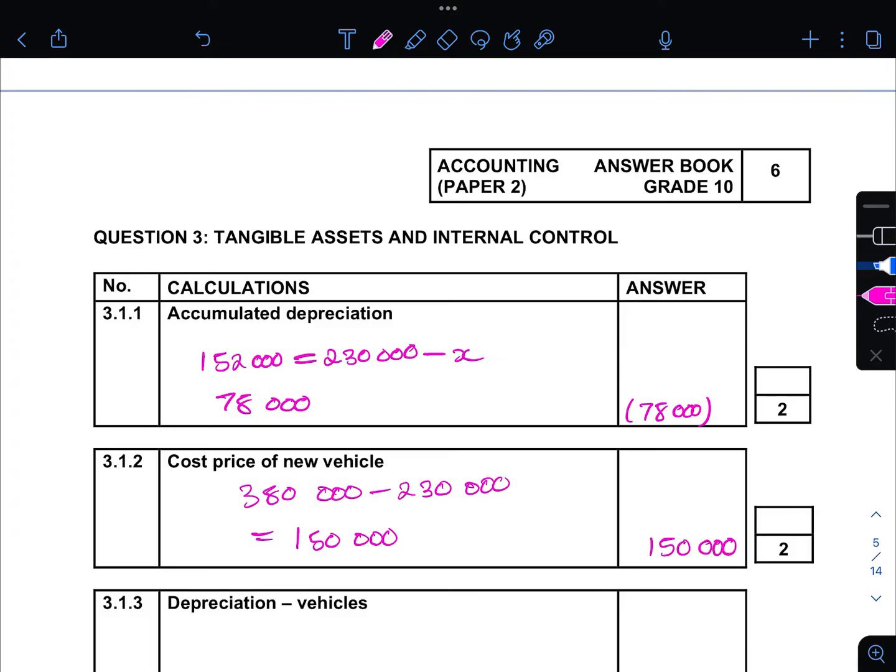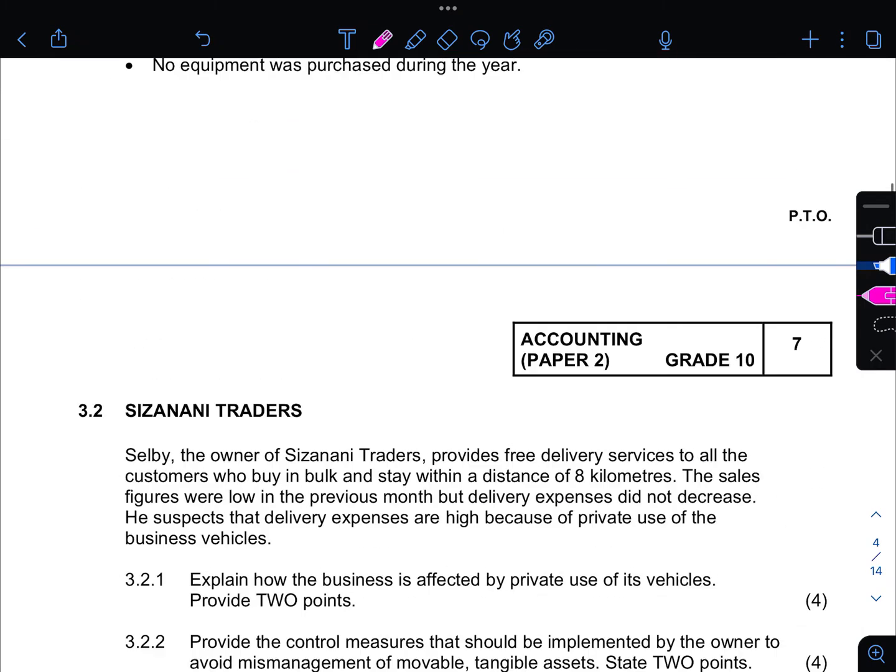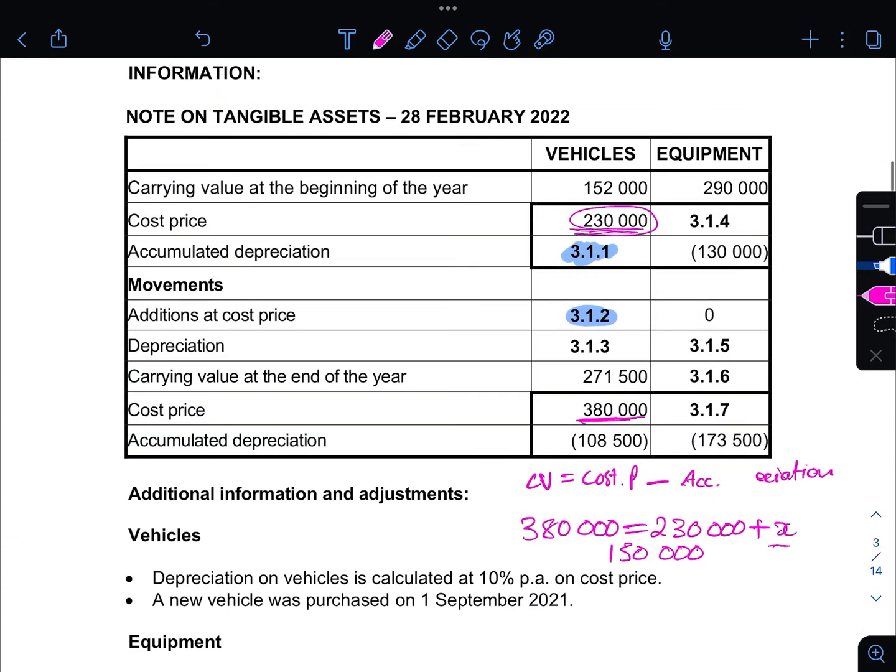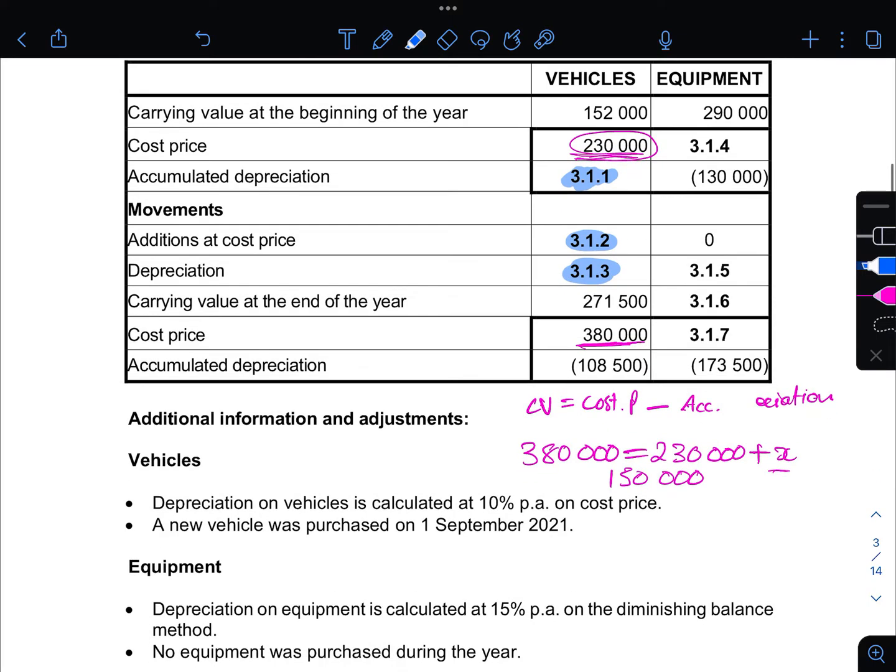Then we are supposed to look at depreciation on vehicles, 3.1.3. It says depreciation on vehicles is calculated at 10% per annum on cost price, but a new vehicle was purchased on 1 September 2021.